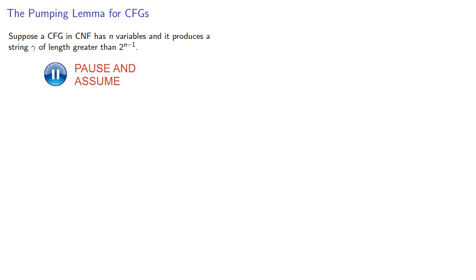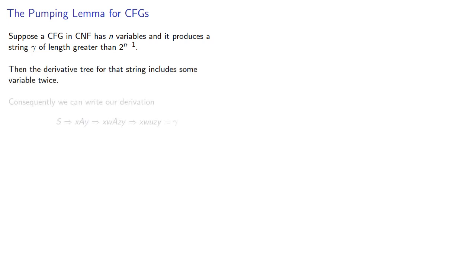So suppose a context-free grammar in Chomsky normal form has n variables, and it produces a string gamma of length greater than 2 to the power n minus 1. Then the derivation tree for that string includes some variable twice. Consequently, we could write our derivation, where x, y, z, w, and u are some strings of terminal symbols.